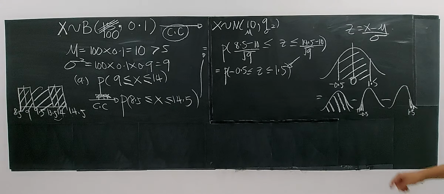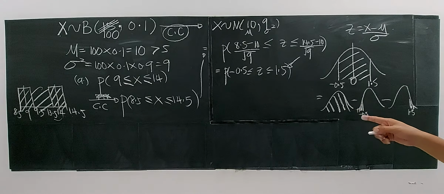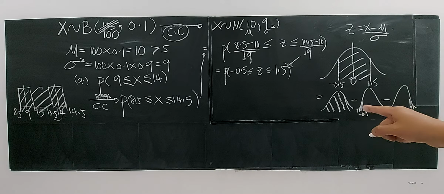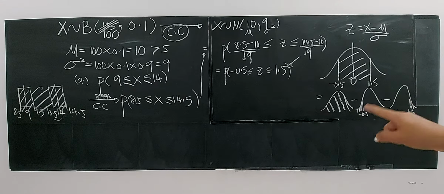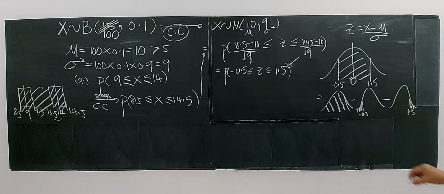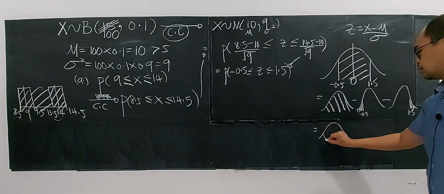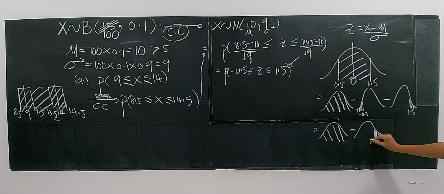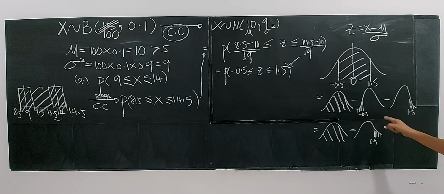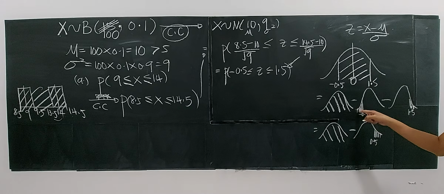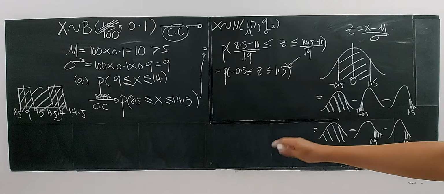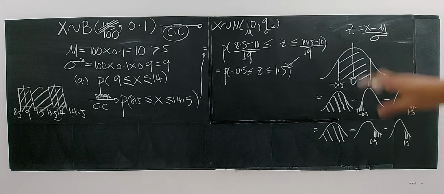If you want to use the statistical table for matriculation, you have to change the left tail to the right tail, reflect. So the meaning here will be the total minus 0.5 here. This one is symmetric, so the area for this is the same as the area for this, minus away 1.5. This is in your mind, this is not working, this is just for you to understand.